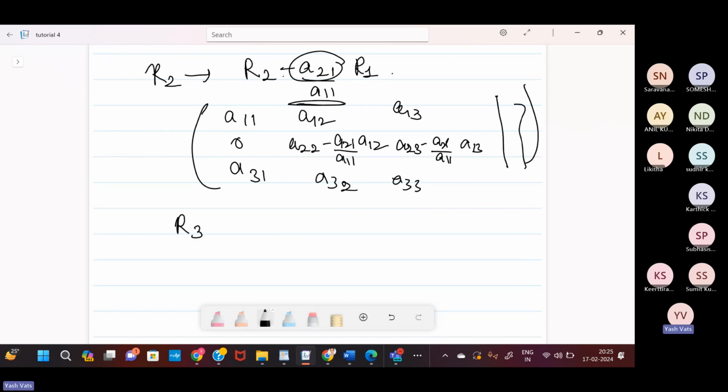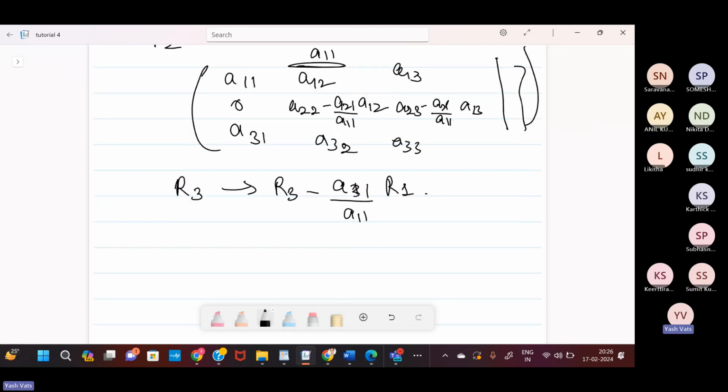And what is the next operation? Tell me yourself. Shravan, Anil, Sumit, anyone? R3 minus A31 upon A11 R1. Yes, so you can get it here to be 0.